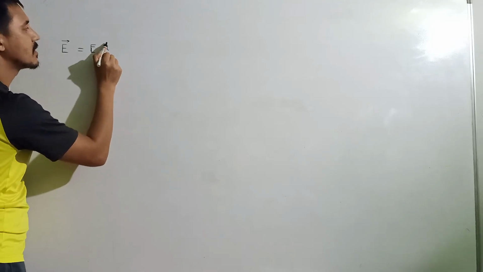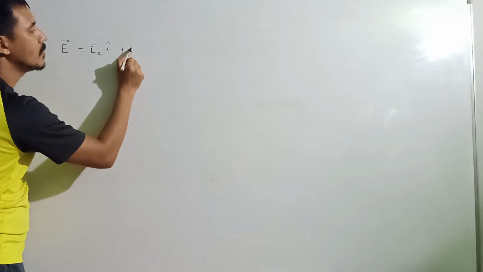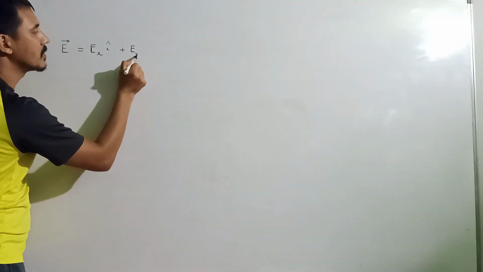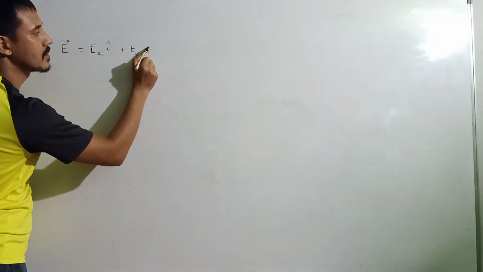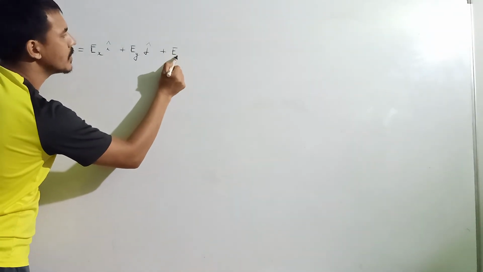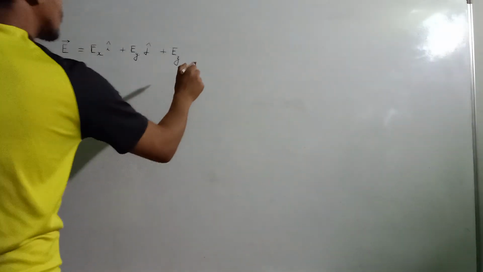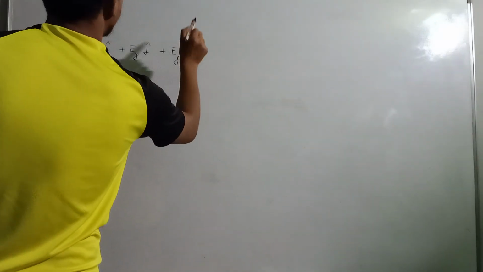The x-axis is represented by the unit vector i cap. Let Ey be the component of E along the y-axis, so j cap. And Ez be the component of E along the z-axis with unit vector k cap.